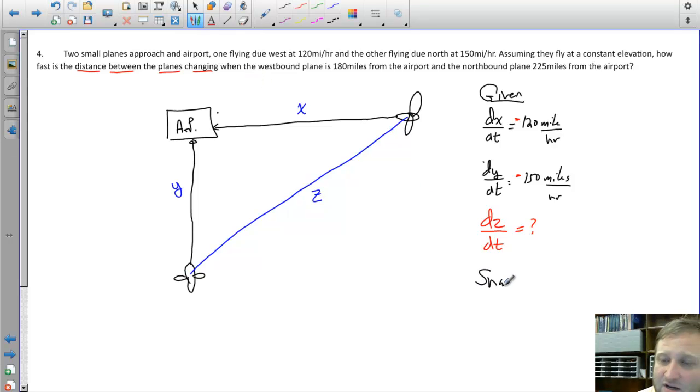But we have a specific circumstance now. We took a snapshot of the planes when the westbound plane is 180 miles from the airport, and the northbound plane is 225. So this value is just a value of x, and this value is just your value of y.